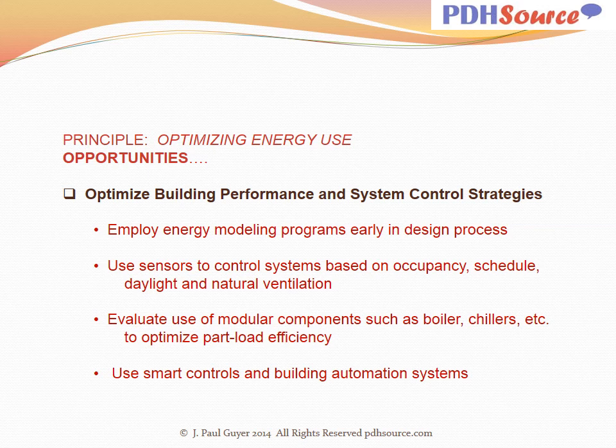But then the other category is on the operations side, energy monitoring and control systems that operate the energy consuming features of your building in the manner that is most energy efficient.